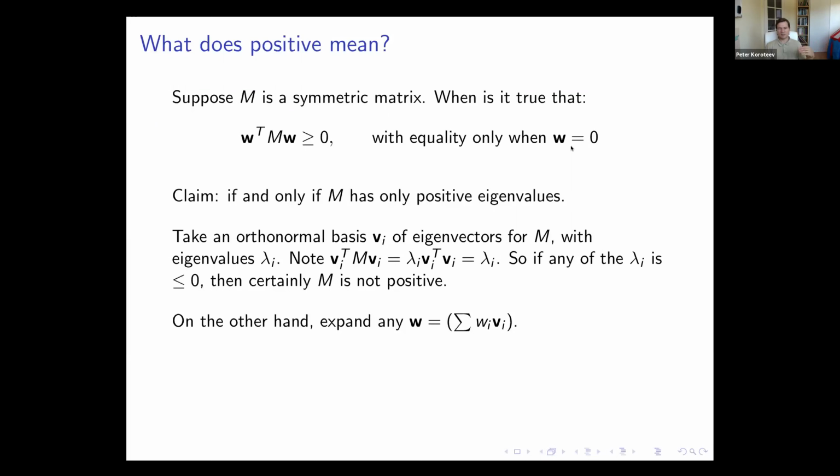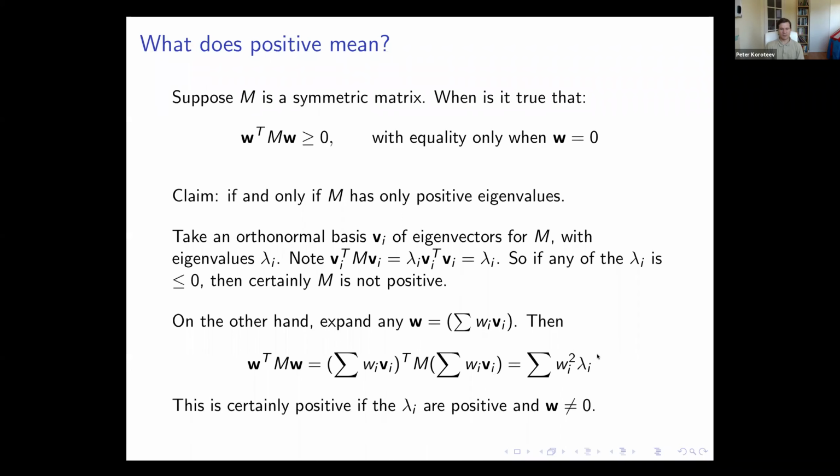On the other hand, in the proof in that direction, we can expand W in this basis with coefficients Wi, right? And then if we evaluate this formula, W transpose MW is equal to the sum of Wi Vi transpose M, sum Wi Vi, which is equal to the sum of Wi squared lambda i. And this is definitely positive if all lambda i's are positive and W is a non-zero vector.